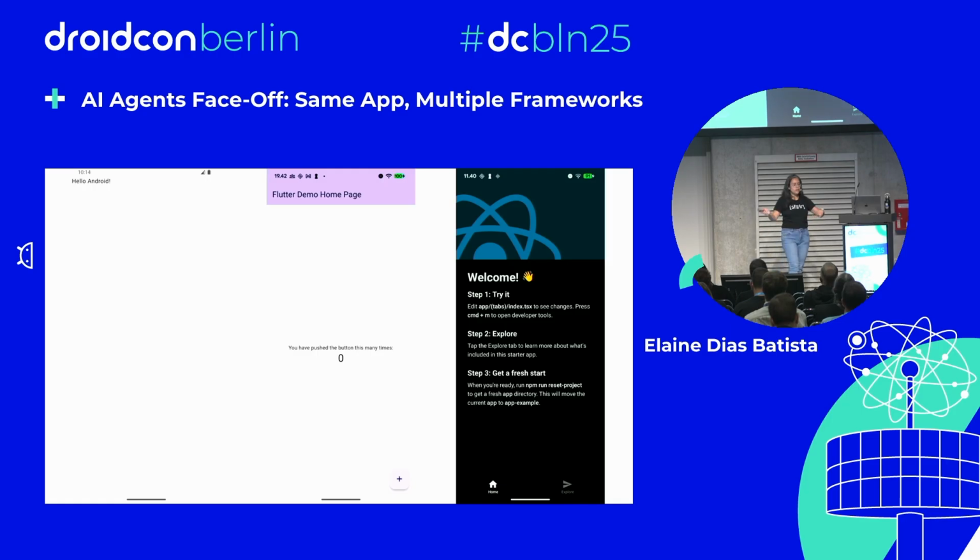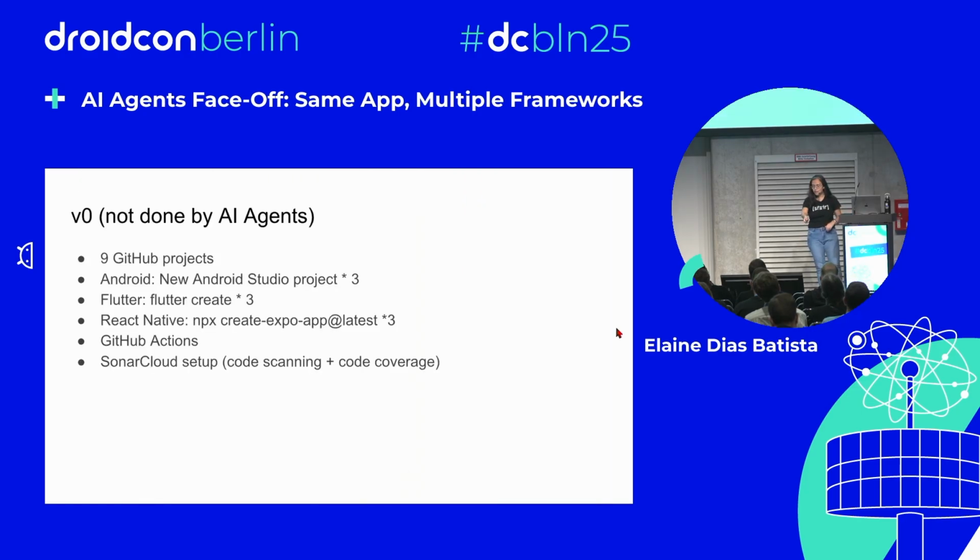So this is the empty Android app. I picked the empty Compose one, the one that you get when you do flutter create, and the one that you get when you use npx create-expo-app. As I said, I don't have that much experience in React Native, but I know that people who build high-quality React Native apps are using Expo, which is basically a framework above React Native.